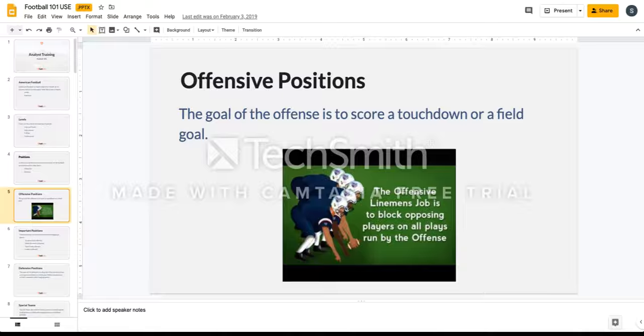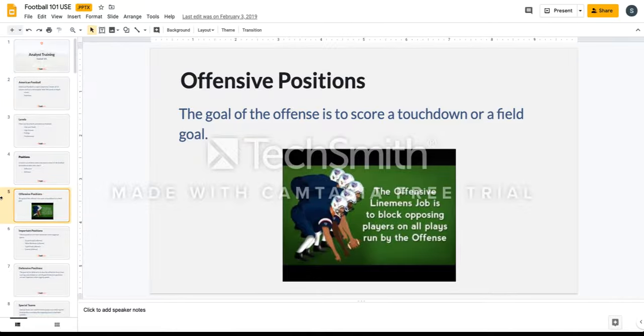What a touchdown is, what a field goal is, we'll know at a later point when we are learning about the scoring phenomenon. Now let's just understand what the offensive team does and what the defensive team does. So this is what the offensive team is doing. The offensive linesman's job is to block opposing players on all plays run by the offense.